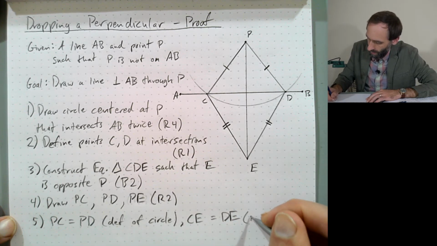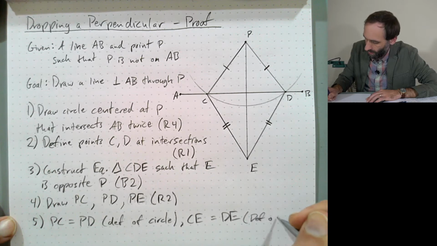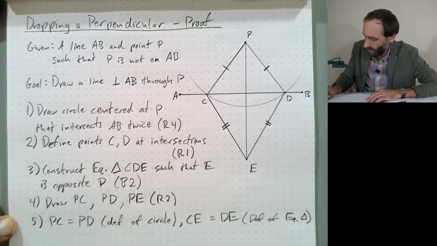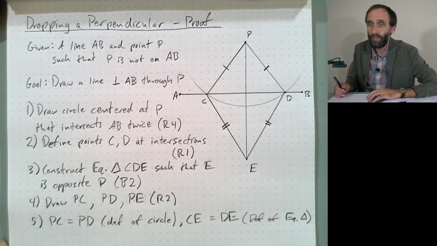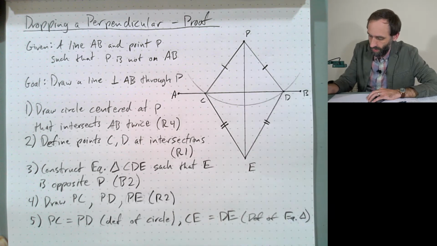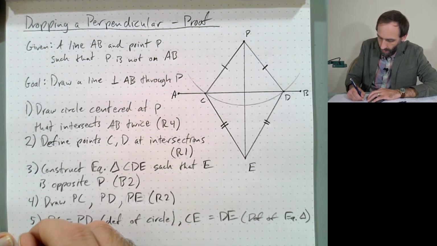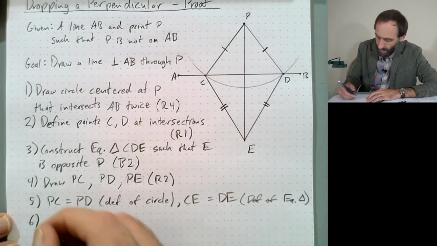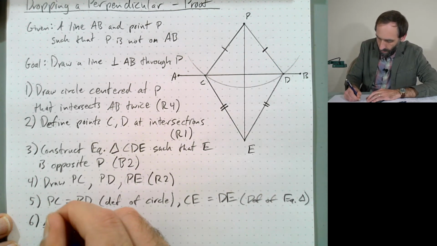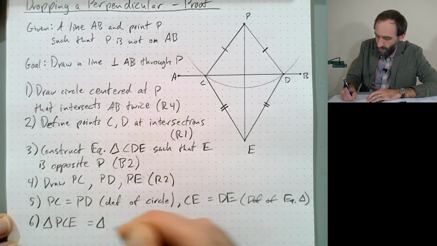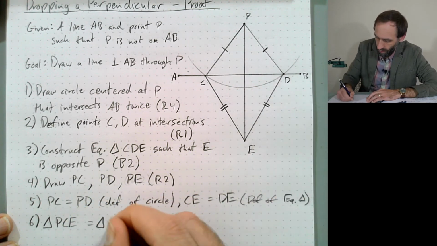That's by the definition of the equilateral triangle. Well, I know that PE is equal to itself, and so now I can say that step 6, the triangle PCE is equal to the triangle PDE.